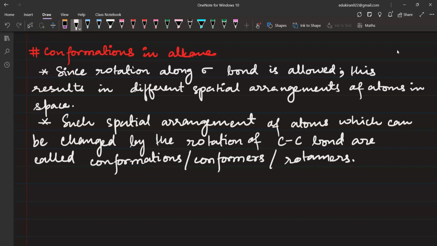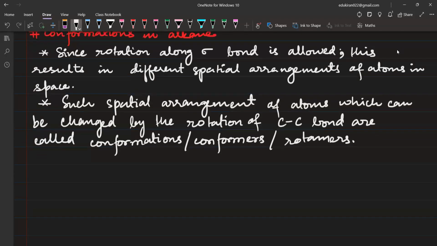Now, if I keep rotating, then there can be infinite number of conformers, but we have to specially study only two. Just give me a second, guys. I'm sorry, guys.